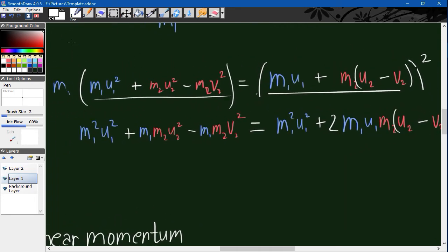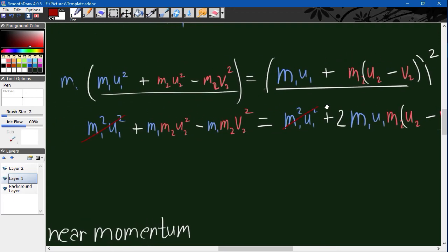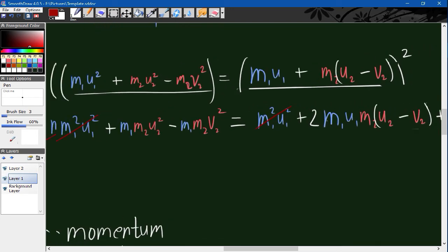Now you may have realized that we could cancel these terms out. It's cool. Makes everything a lot easier. And yeah, that's it. Then here's another thing. You see this? What we could do is factor out m1 m2.